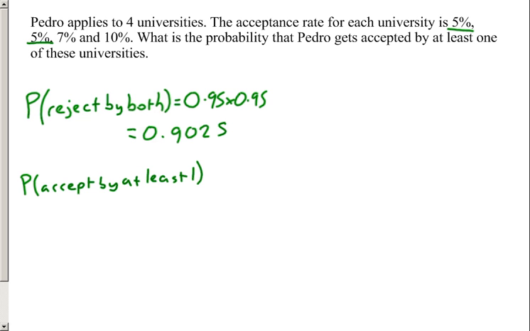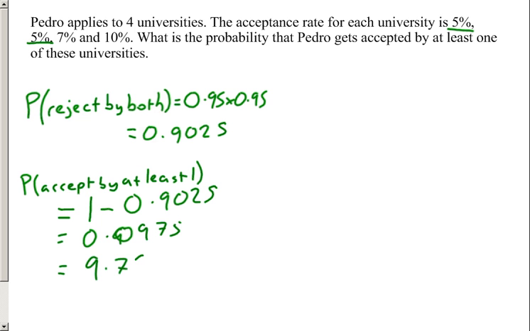So the probability he's accepted by at least one of them is the remainder. 1 minus the 0.9025 we just worked out, which is equal to 0.0975, which is 9.75%. So there's about a 10% chance, in the simpler case where there's only 2 universities, that he'll be accepted by at least one of them.